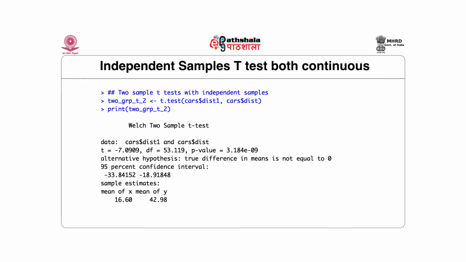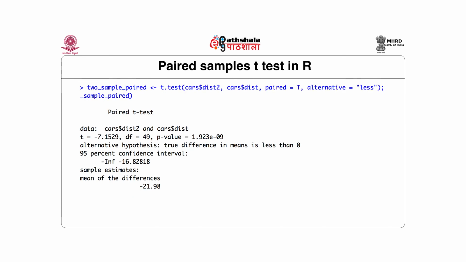The next one, we're going to run a paired t-test, and take a look at this. Next, in the same situation, let's say we have done what is called an intervention, so that for the same cars we have done some mumbo jumbo, I don't know what it is, and then we decided to test the two distances of the same group of cars.